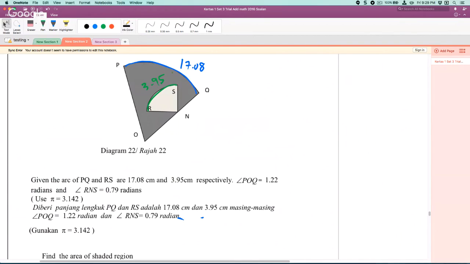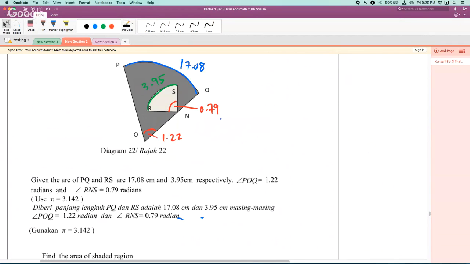Then I give you the angle POQ, which is 1.22, and the angle RNS, which is 0.79. So we have this information.